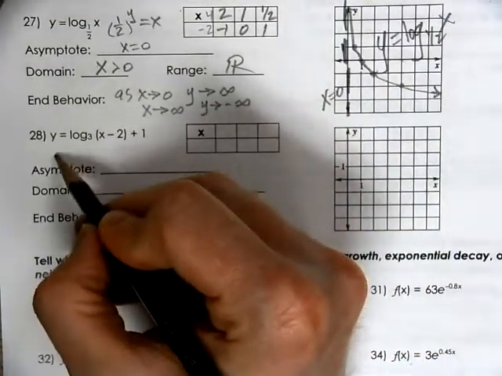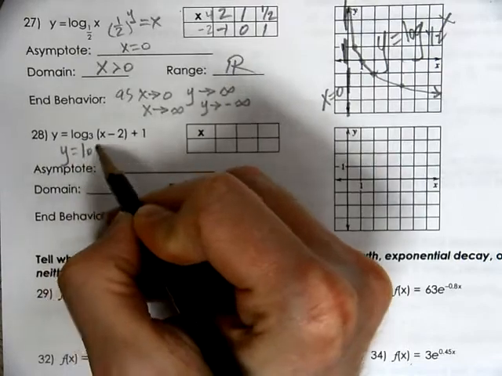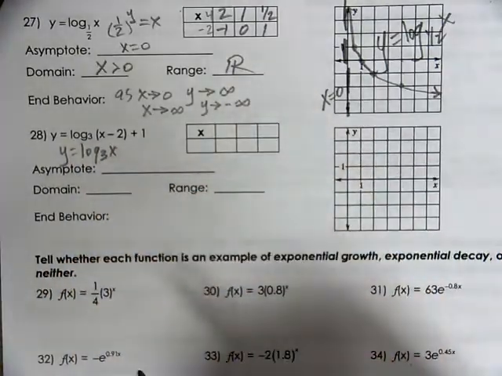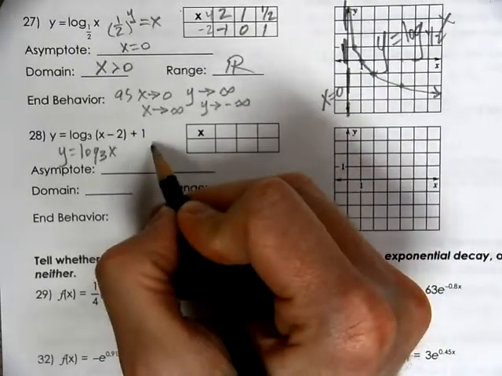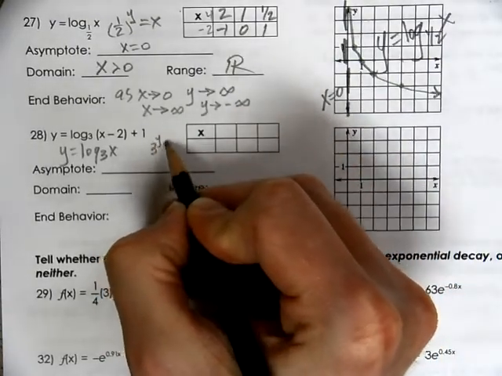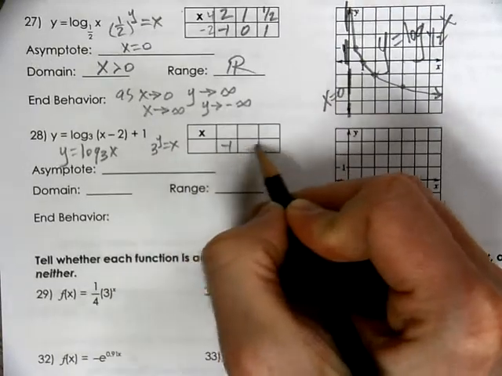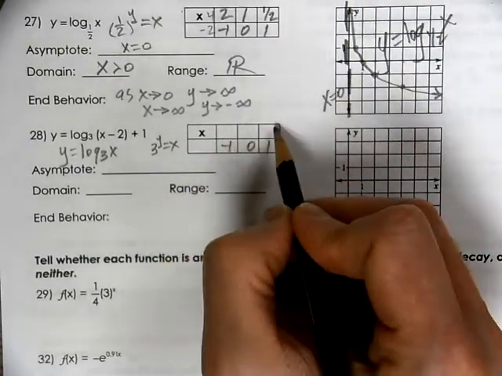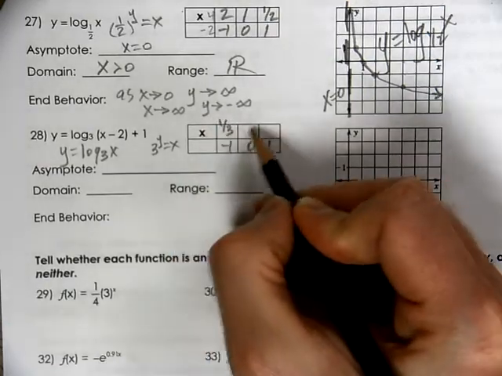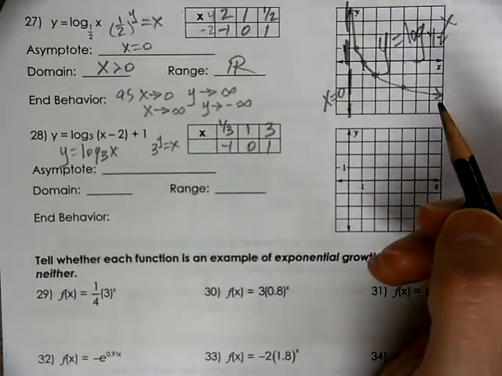Here's our logarithm. We're going to first work with log base 3 of x, which is going to be 3 to the y power equals x. Pick our y values, calculate our x values. Here's our reciprocal, 1, and our b value.